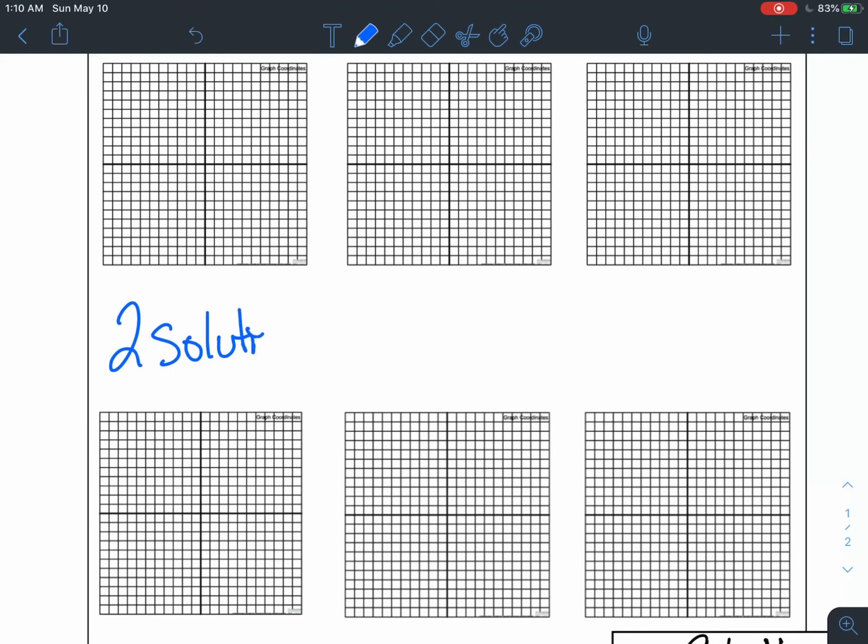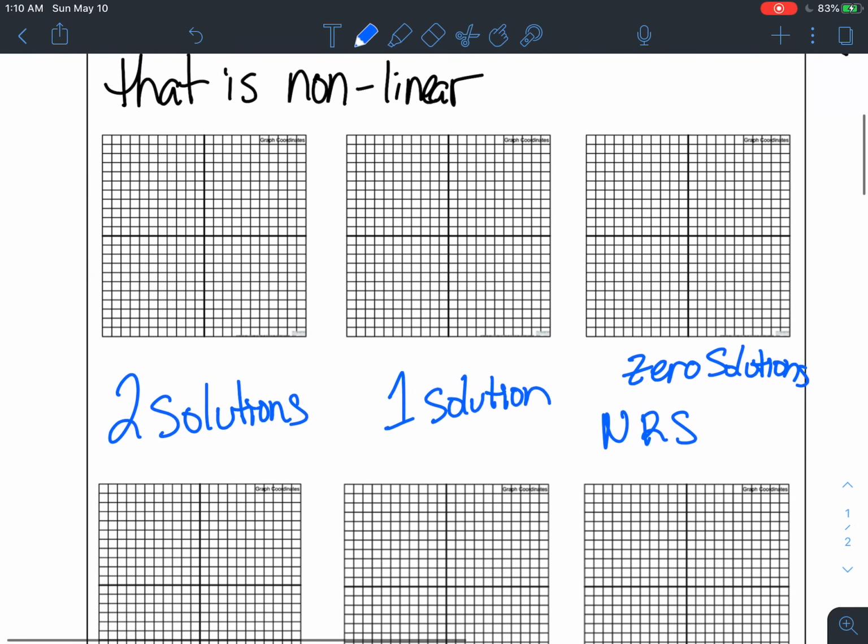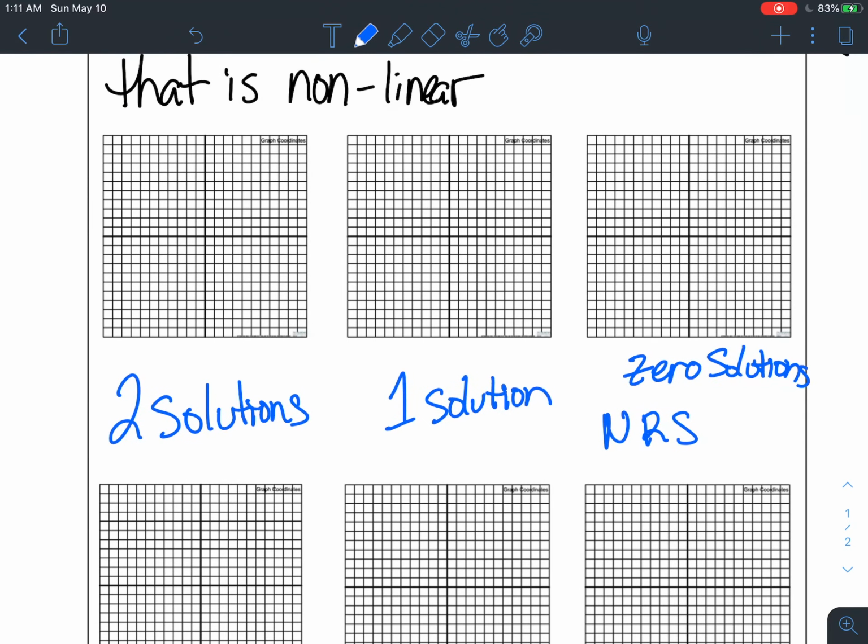So we could have 2 solutions, 1 solution, or 0 solutions, which is going to look like no real solutions. No real solution is the same thing as 0 solutions, 0 intersections.